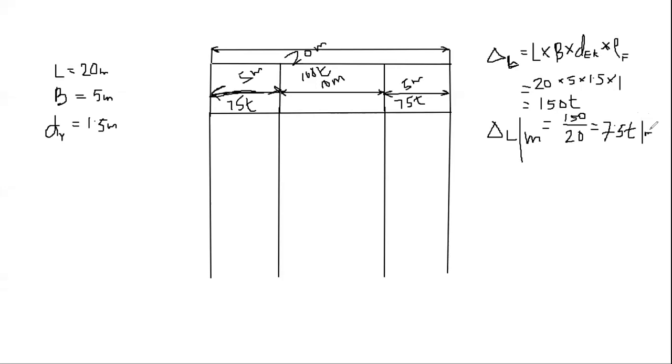And the total displacement after the loading, what will it be? This is delta T. The lightship is 150. After that, we have loaded 100 at the midship and 75 multiplied by 2 at the end quarters. Total it will be 150 plus 100 is 250, plus 150 is 400 tons.